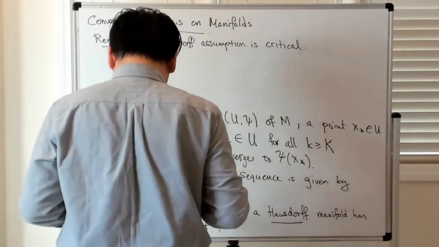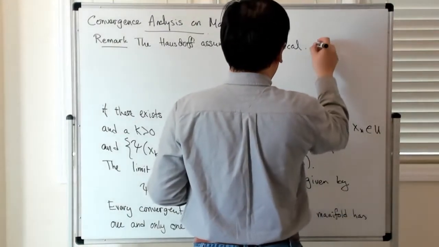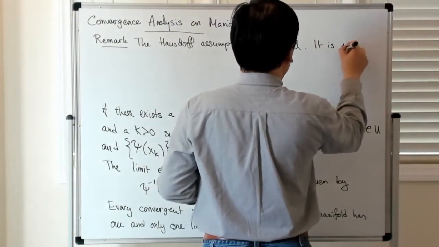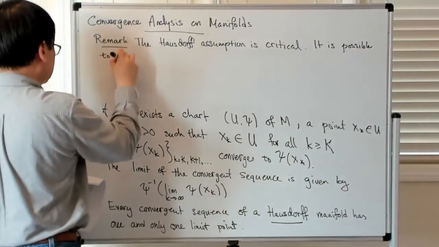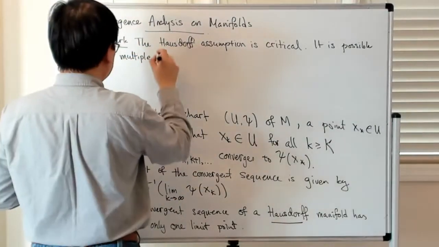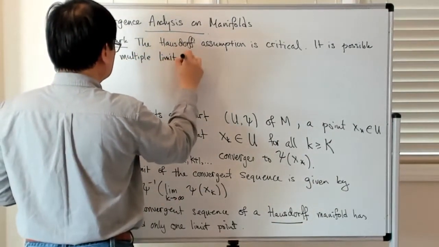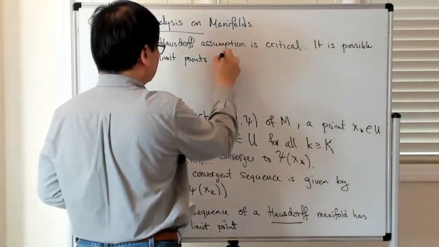Because it's possible to have multiple limit points for non-Hausdorff topologies.